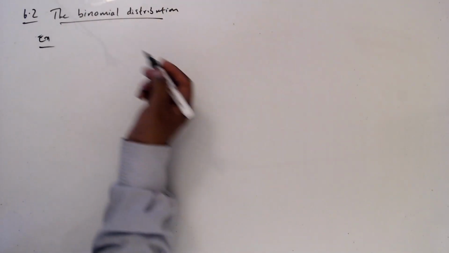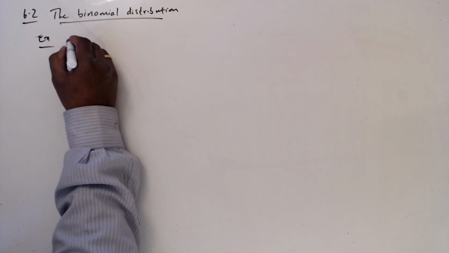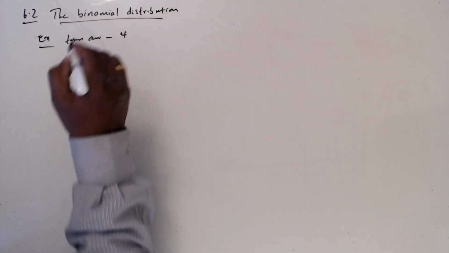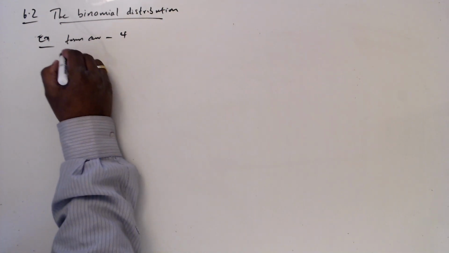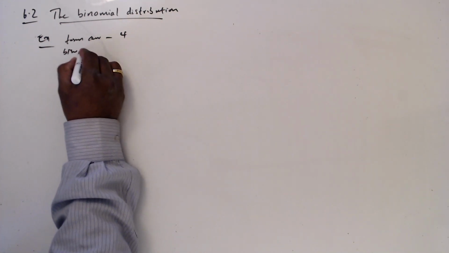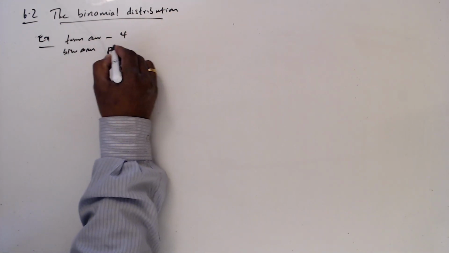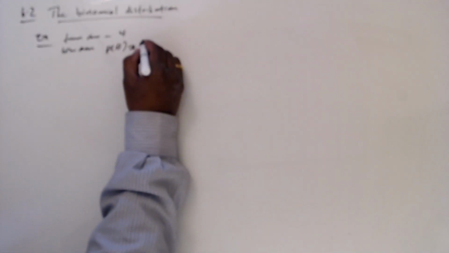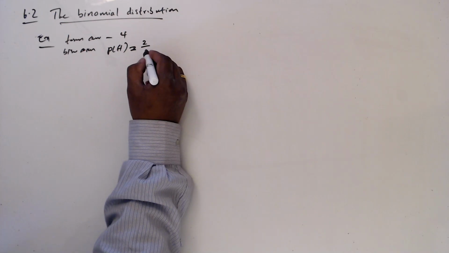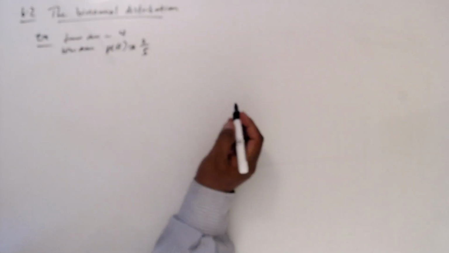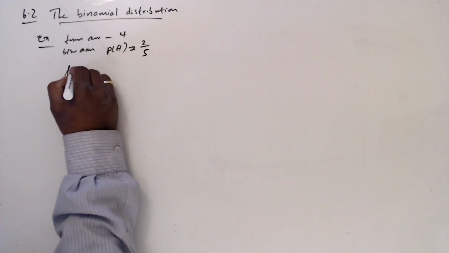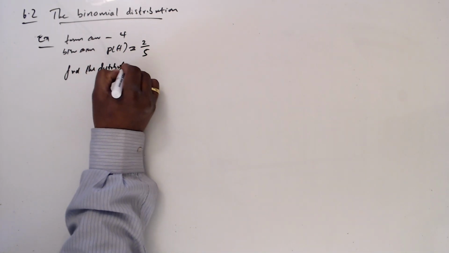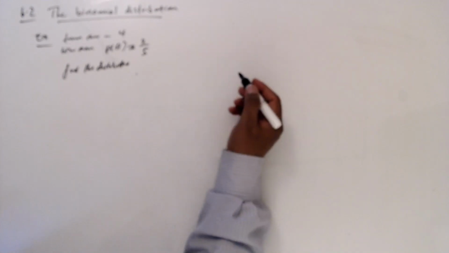Another example. We are tossing a coin 4 times. This is a biased coin. Probability of getting head is 2 out of 5. Find the distribution. So we can start.